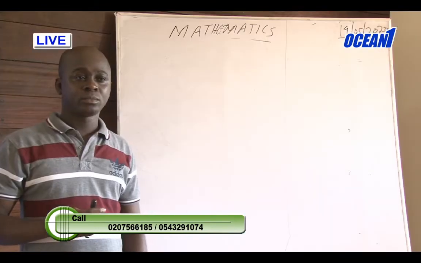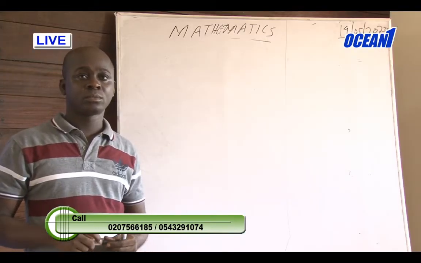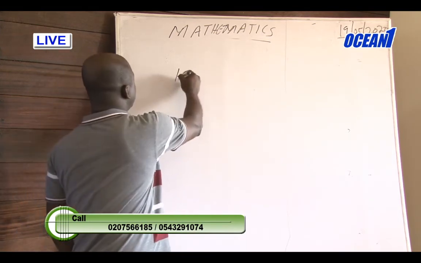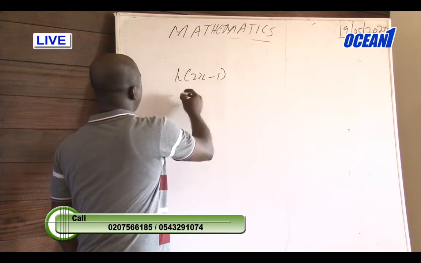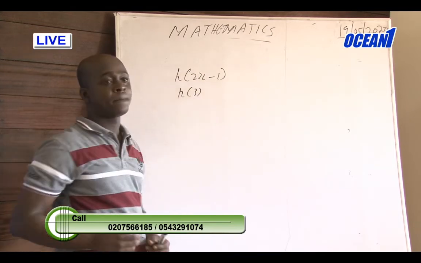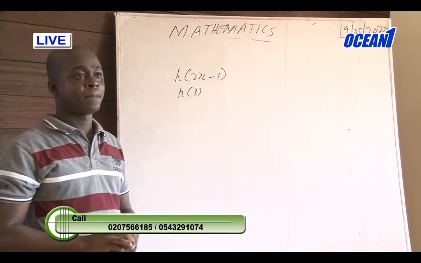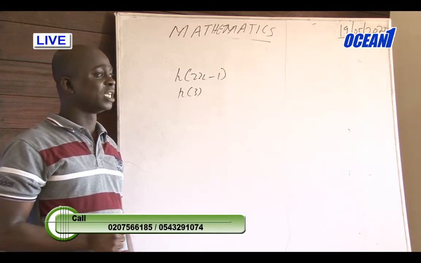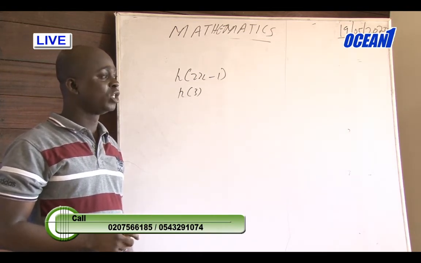Okay, please, the previous question that you saw about h of 2x minus 1. With that, we got negative 35 as the answer, but you had something different. Which of the solutions?